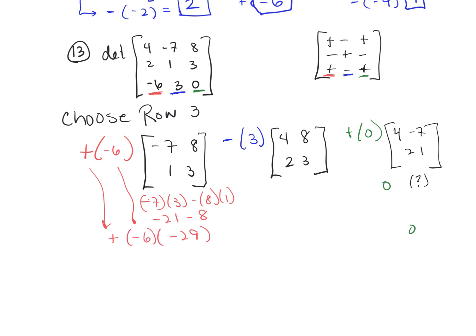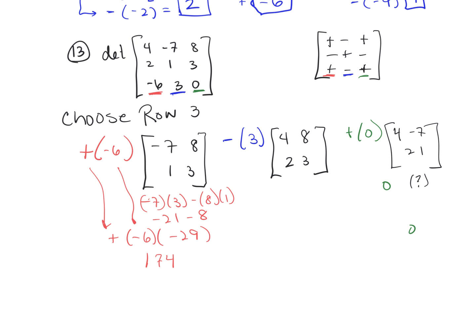I do not know what that is right off the top of my head. I don't know, 29 times 6, 174. So close. All right, and it'll be positive, so we're going to go 174 for that element of our 3 by 3.